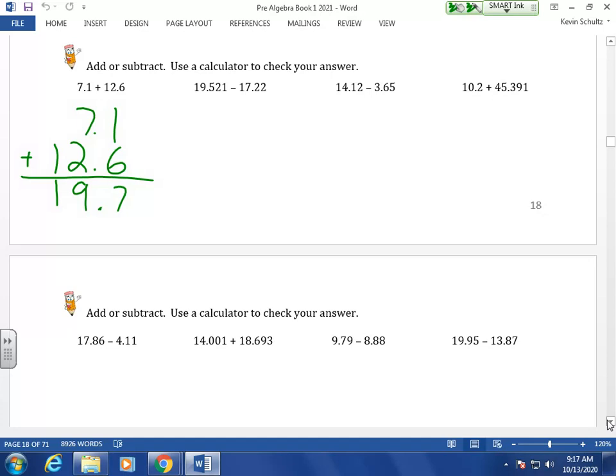19.521 minus 17.22. Remember that with subtraction, order matters. That first number goes on top. 19.521 minus 17.22. If you want to, just to make sure everything lines up perfectly, add a 0 there to fill out that thousandths place.